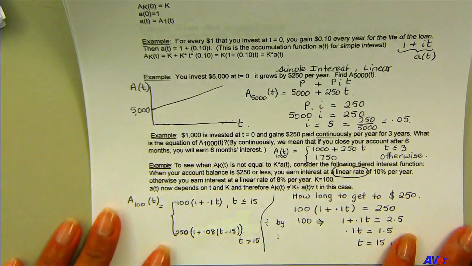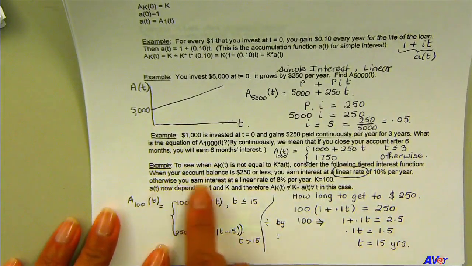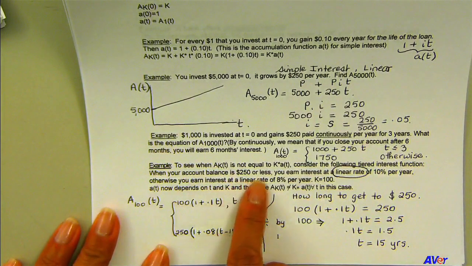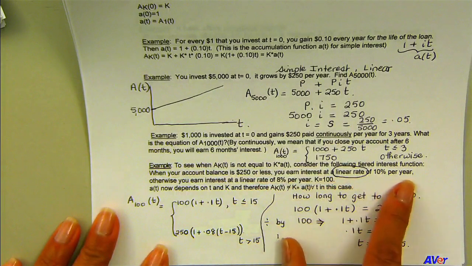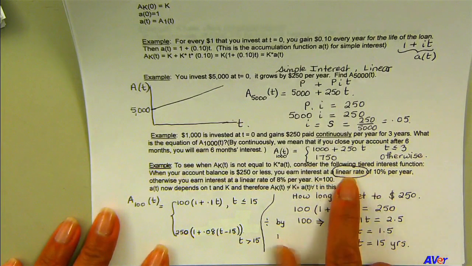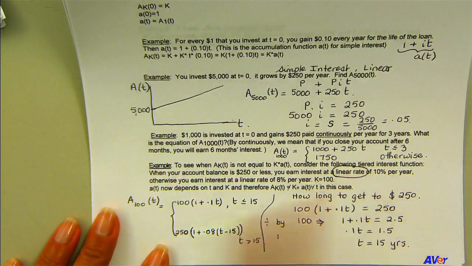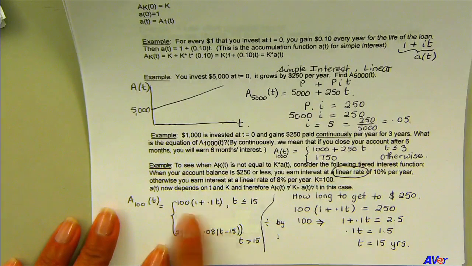It says, when the account balance is $250 or less, you earn interest at a linear rate of 10% per year. So linear rate meaning simple interest. And so I use the A of t of the simple interest, which is P times 1 plus it.